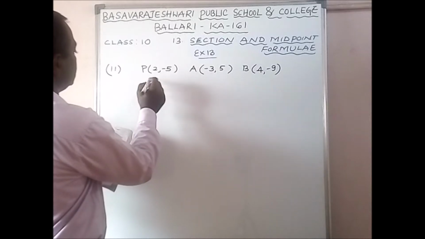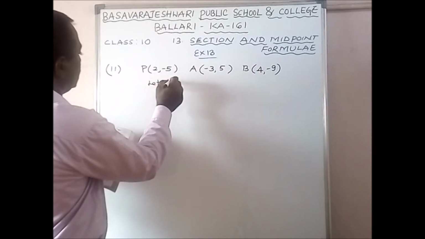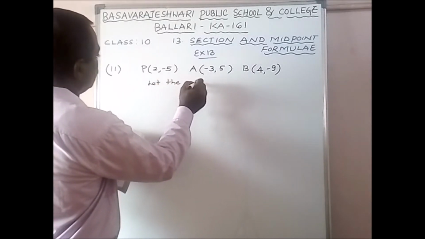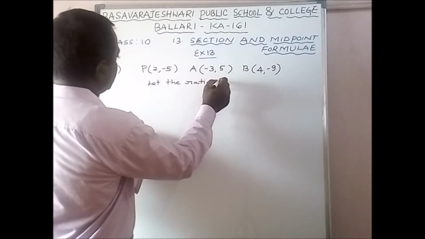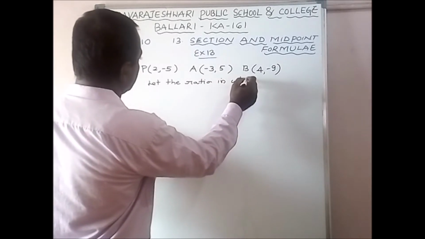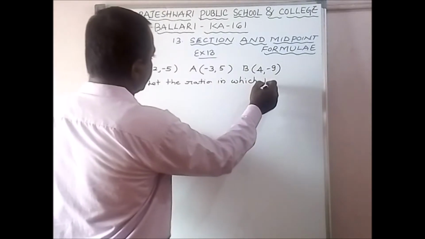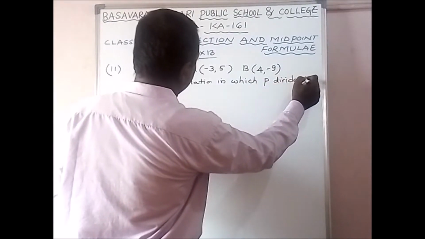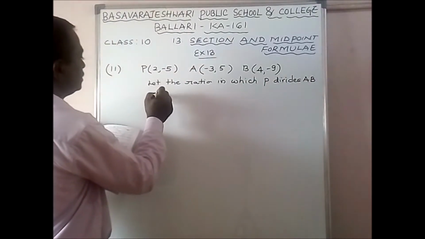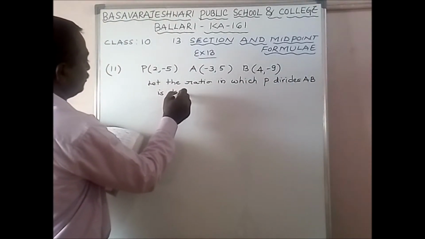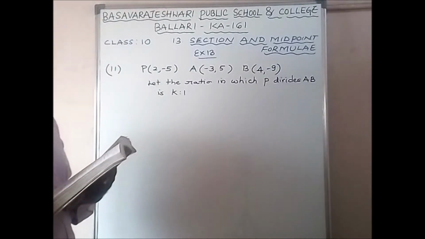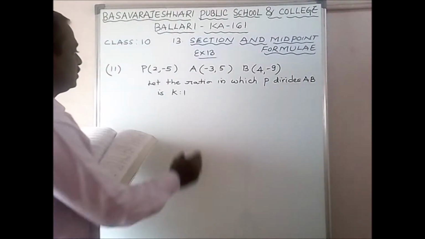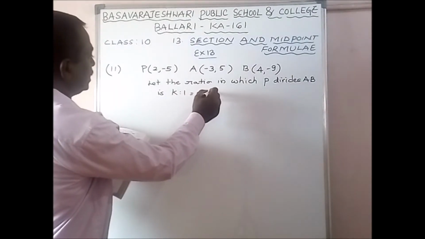Let the ratio in which P divides AB be k is to 1. This is nothing but m is to n.